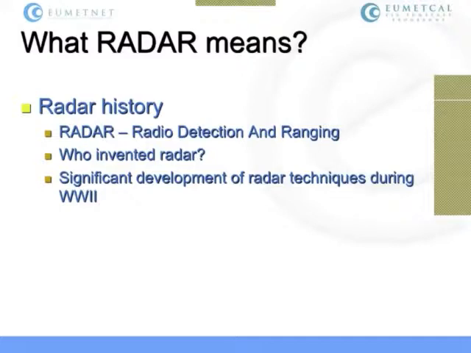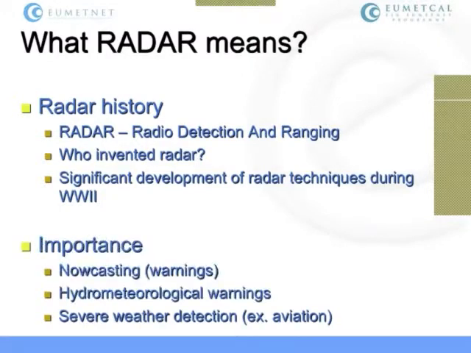The radar was first used in the military, if I'm not wrong. So a significant development of the radar techniques happened during World War II, when they were trying to see the enemy aircraft, but they also saw something on their displays that was quite annoying. So they realized that those were actually the clouds, the precipitation clouds.